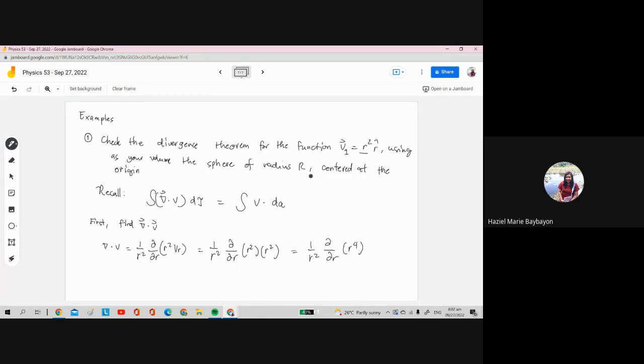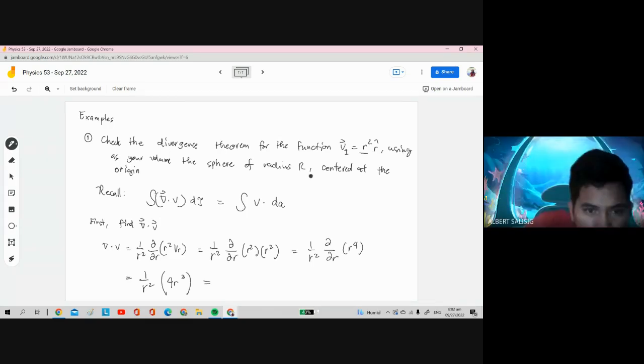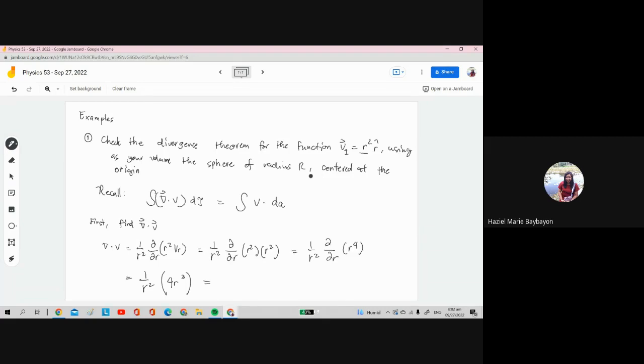So this is easier. 1 over r squared, the derivative of this is 4r cubed. Right? Yes, ma'am. Okay, and then we can cancel some r's here: 4r cubed divided by r squared. So we are left with 4r. Okay, so this is the divergence of v.